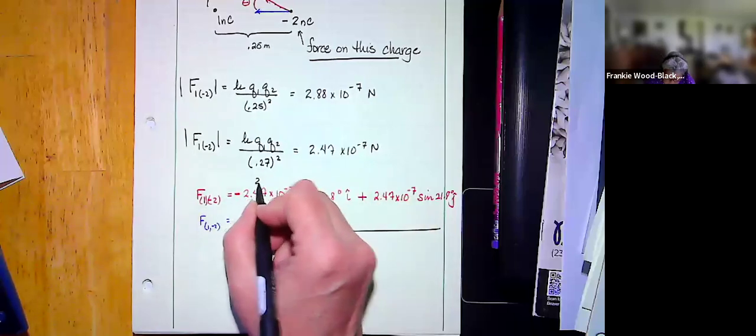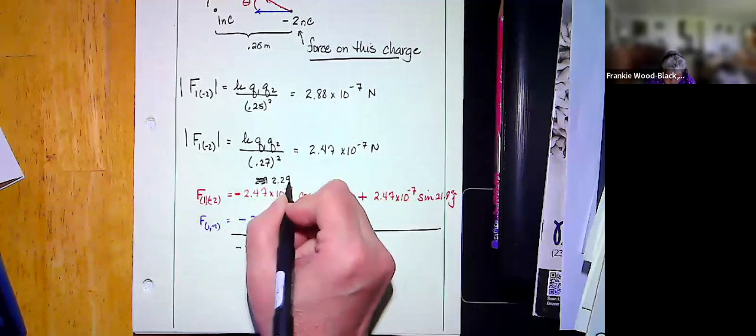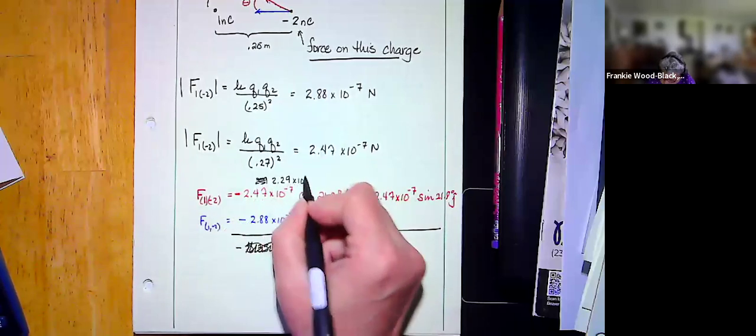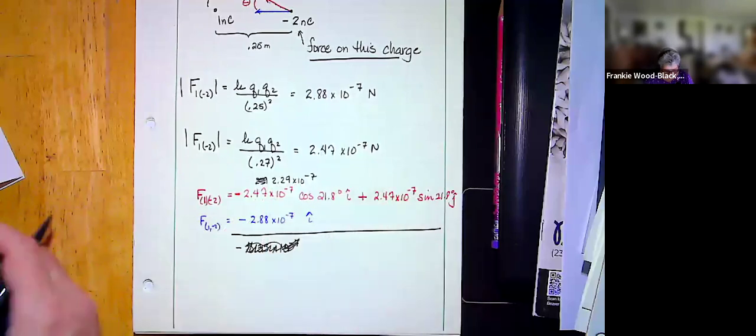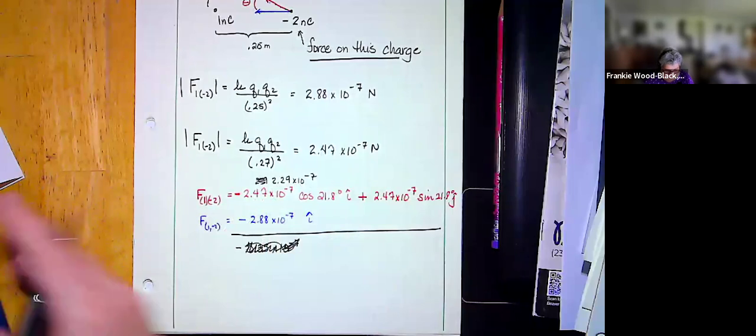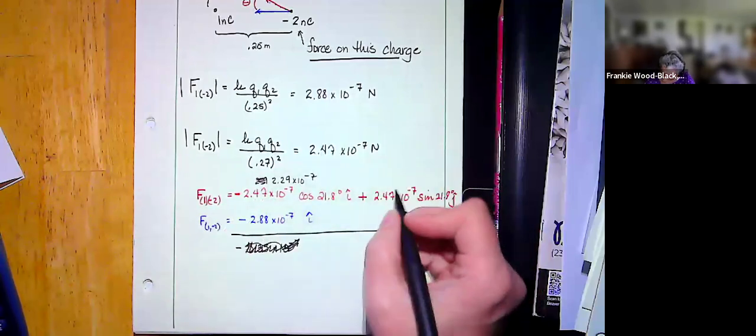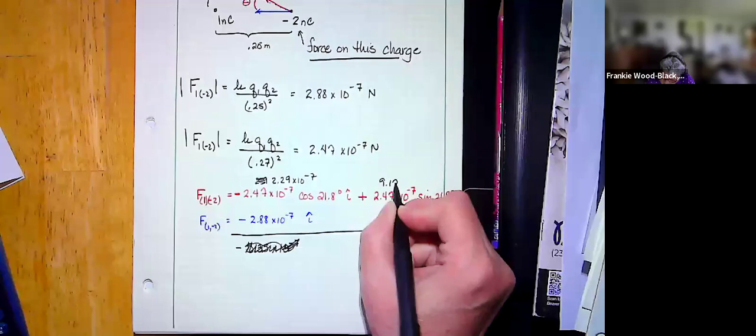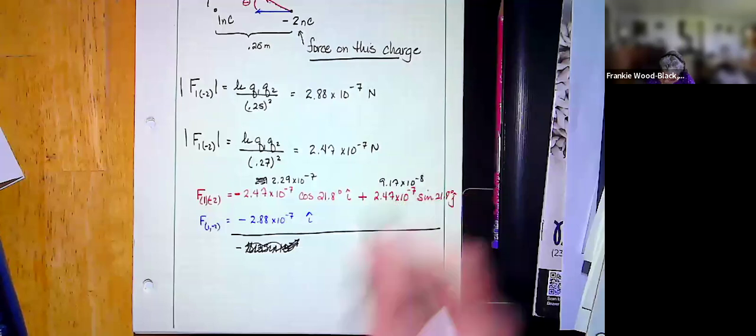This gives me 2.29 times 10 to the minus 7. This gives me 9.17 times 10 to the minus 8.